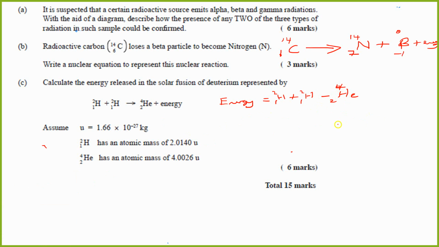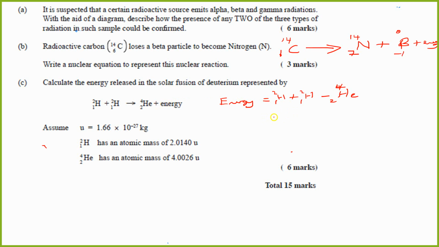So this would be the transposed equation. Now what you're going to realize is that there's going to be what we call a mass defect. You would think that if I combine deuterium and deuterium together, that mass is going to equal the mass of helium, but no, there's going to be a change in the mass basically.